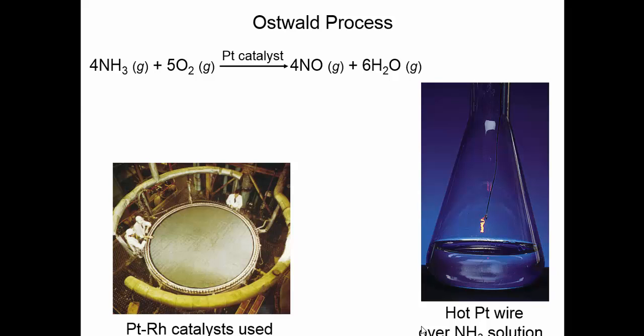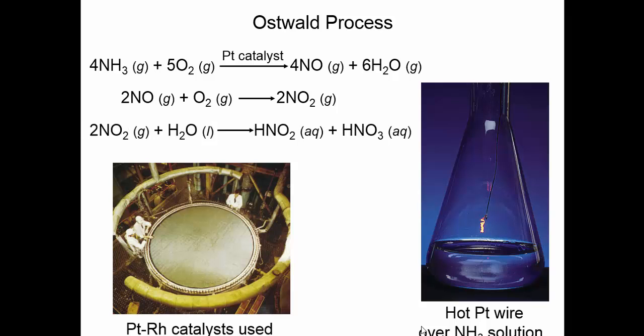That solid surface promotes that. And then the nitrogen monoxide with oxygen produces nitrogen dioxide. Finally, that reacts with liquid water to produce nitric acid. So those are three examples where you have a catalyst that is in a different phase than the reactants.